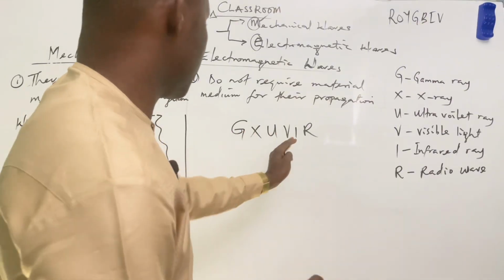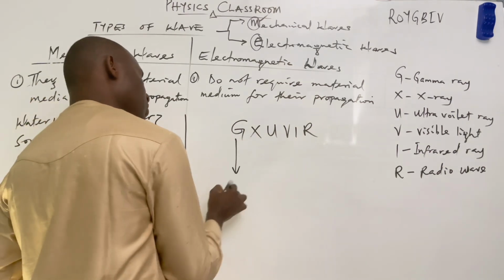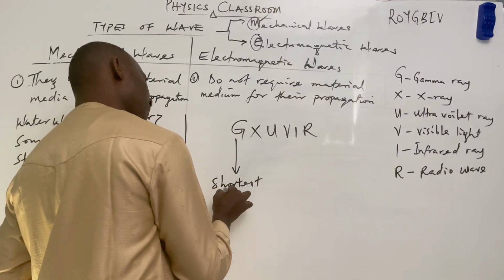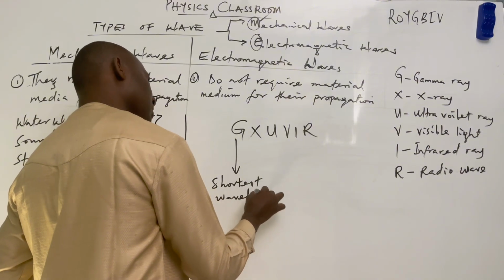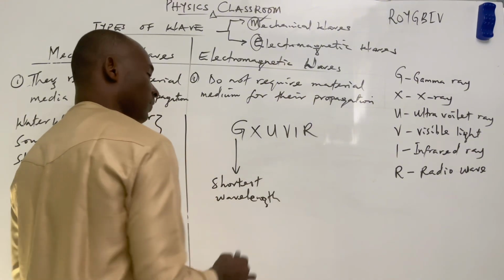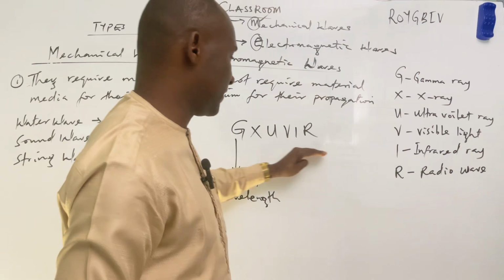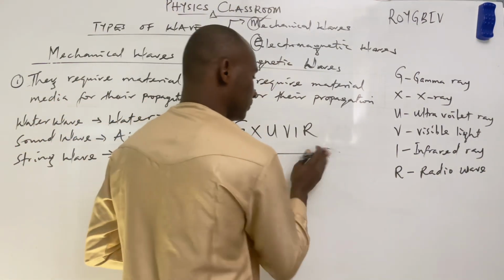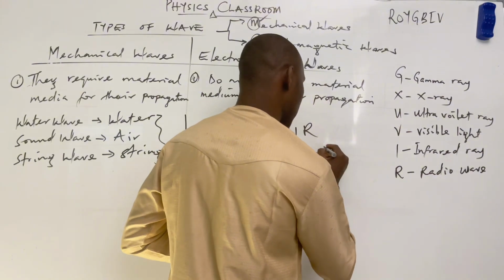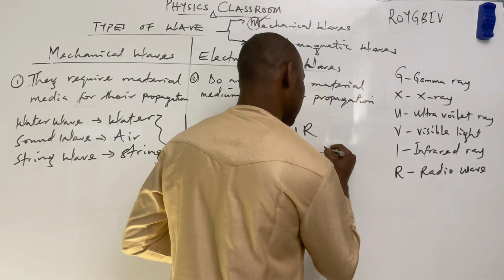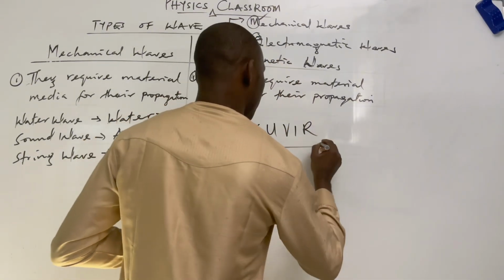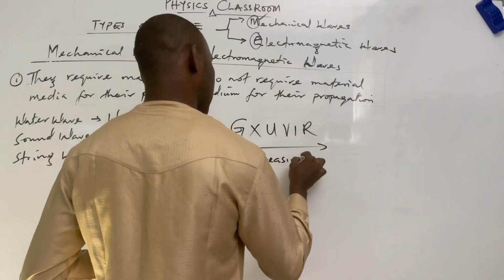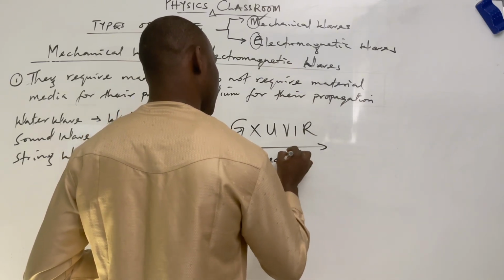Now, among these 6, gamma ray is known to have the shortest wavelength, and the wavelength increases down like this. Following the direction of the arrow, the wavelength increases. So the wavelength increases down the line.